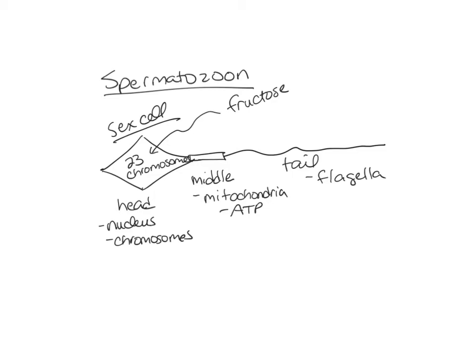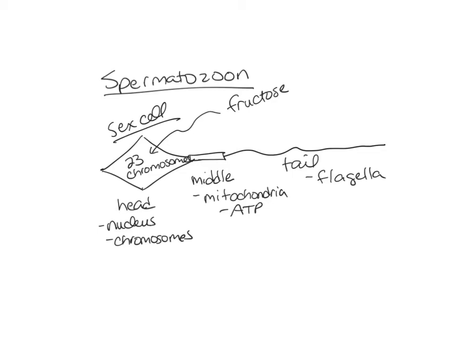Other parts of the reproductive system will cause the functional maturation of this sperm and will help it to nourish and store and transport this sperm. So even though it's been released from that testis, from the seminiferous tubule, it still doesn't have the ability to fertilize. So the sperm has to mature.